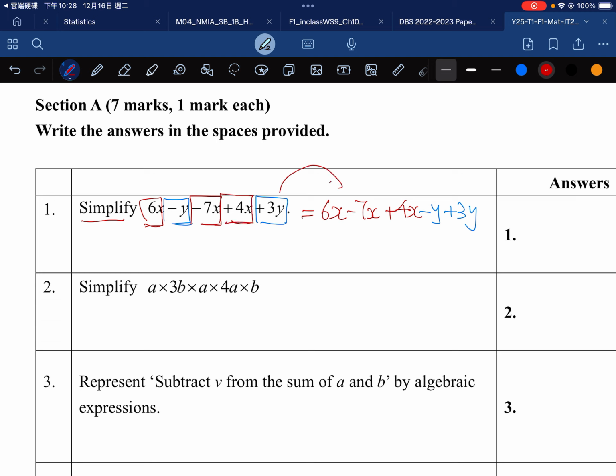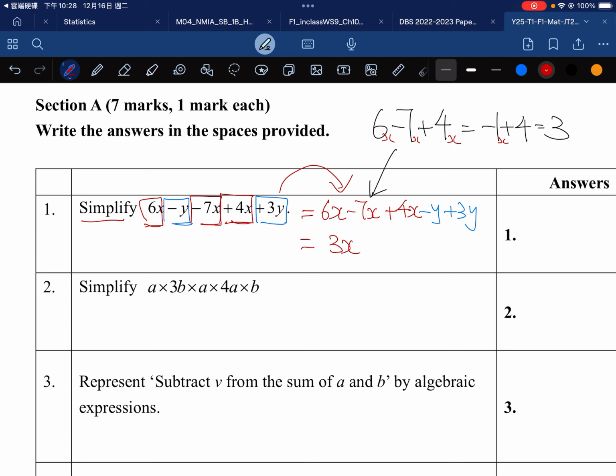Once we have that, we combine the number of x. 6x minus 7x is minus x, plus 4x is 3x. So in your brain, you should be working out something like that: 6 minus 7 plus 4, which is minus 1 plus 4, which is 3. What we have done here is simply with an x at the end.